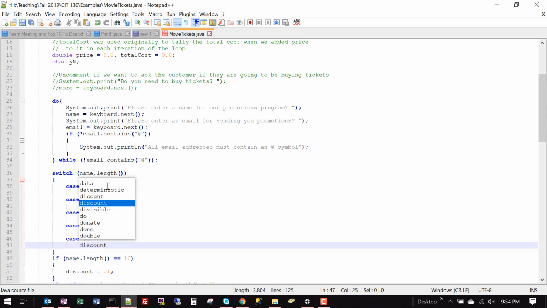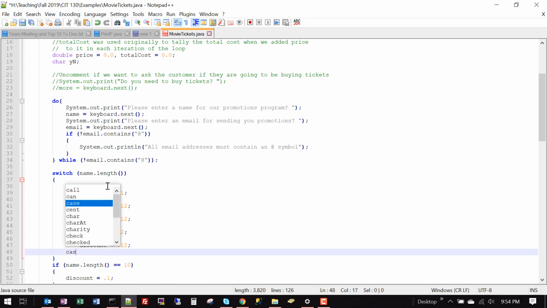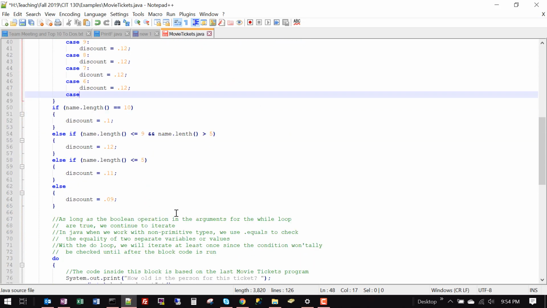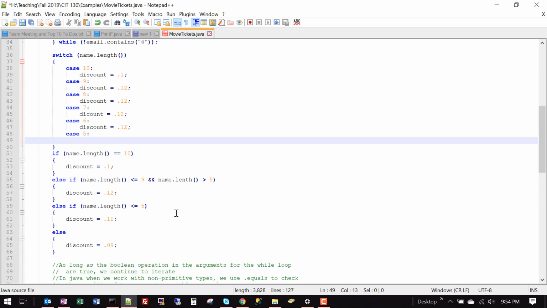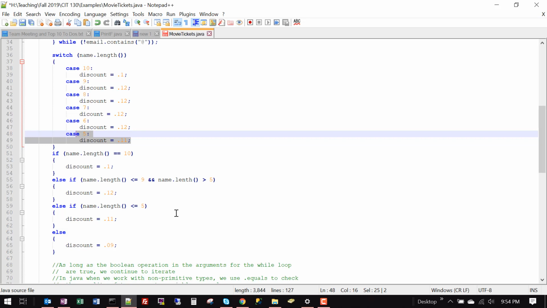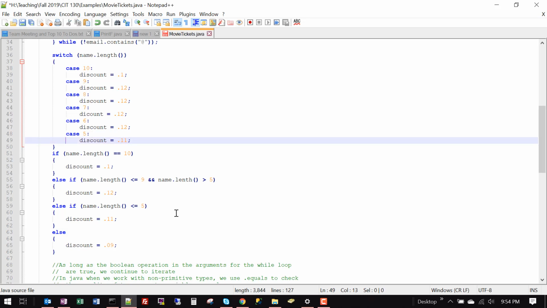Because remember, this is an equality comparison, not a less than, greater than. When we do the next one, we're talking about 5, discount equals 11. And for the sake of saving us some time, I'm going to copy that.